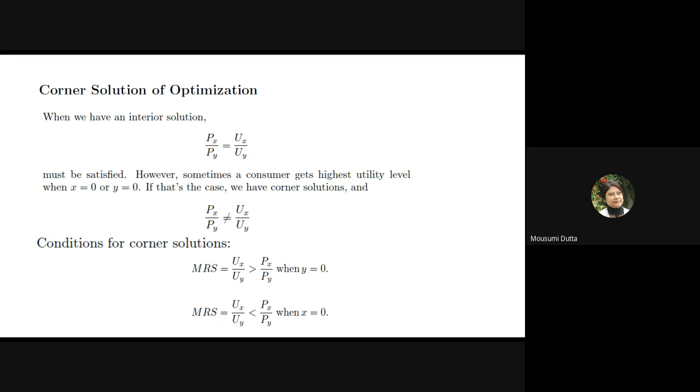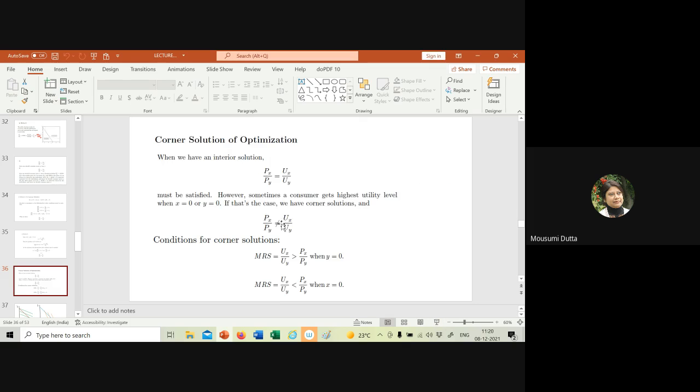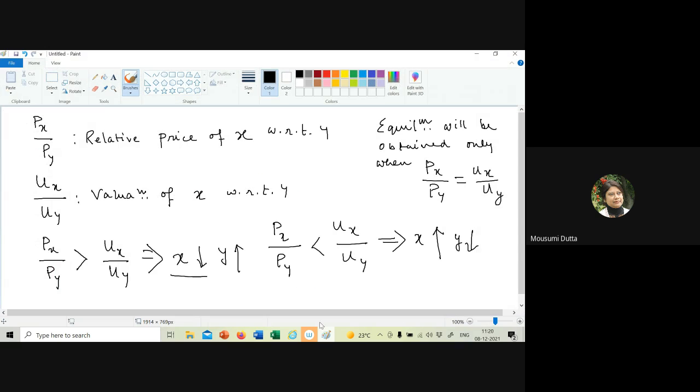So we are consuming along the axis. Y is equal to 0 means I am on the x-axis. X is equal to 0 means I am on the y-axis. So if this happens, I am considering corner solutions.